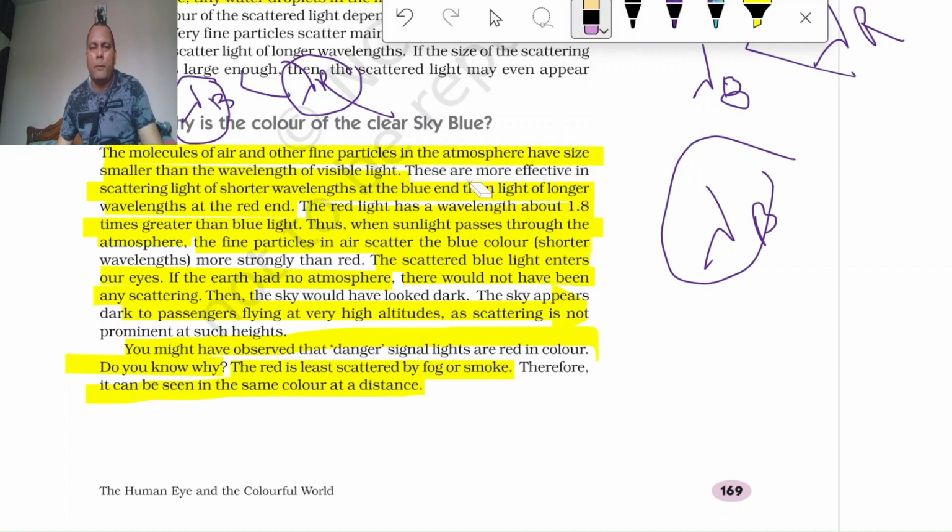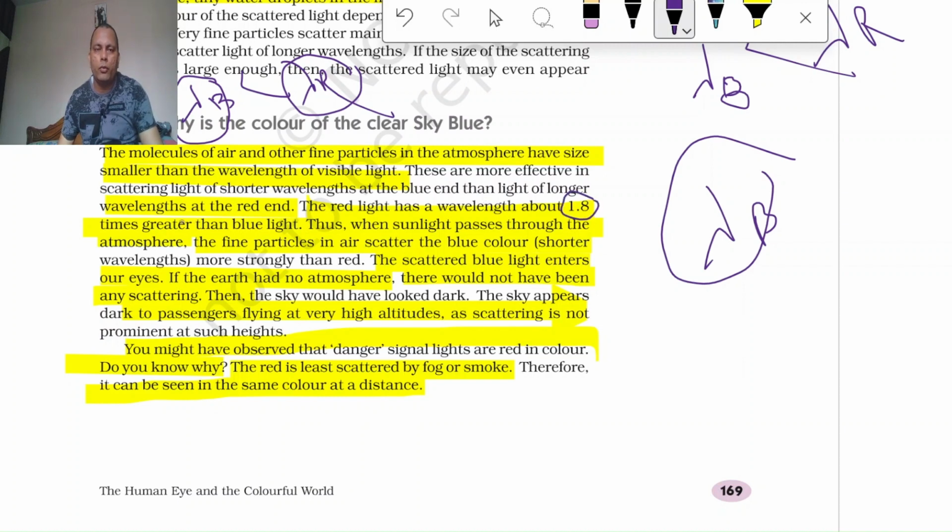Coming to our question point, scattering of light is more effective at the shorter wavelength at the blue end and less at the longer wavelength at the red end. So scattering is more effective for blue than for red. The red light has a wavelength about 1.8 times greater than the blue light wavelength.